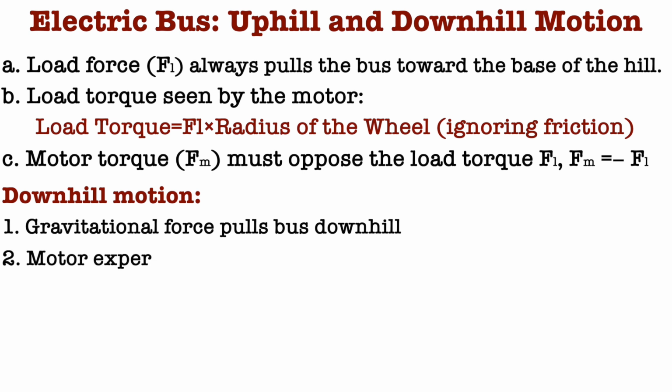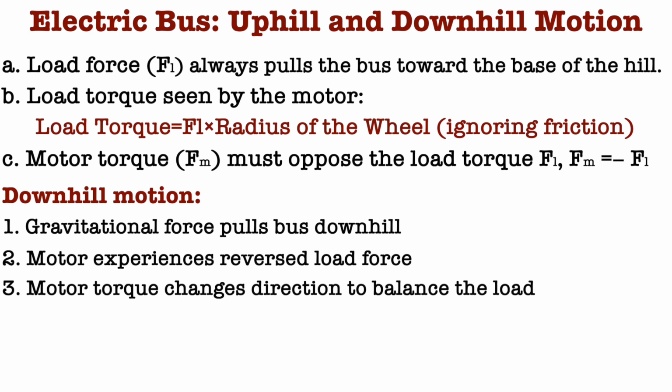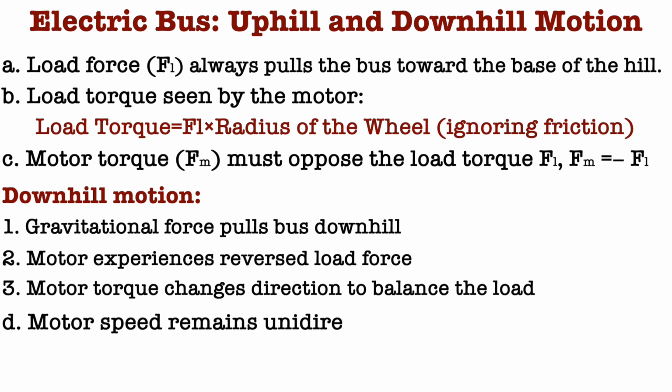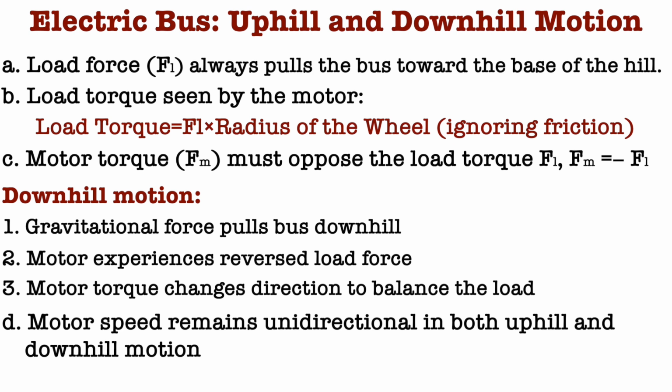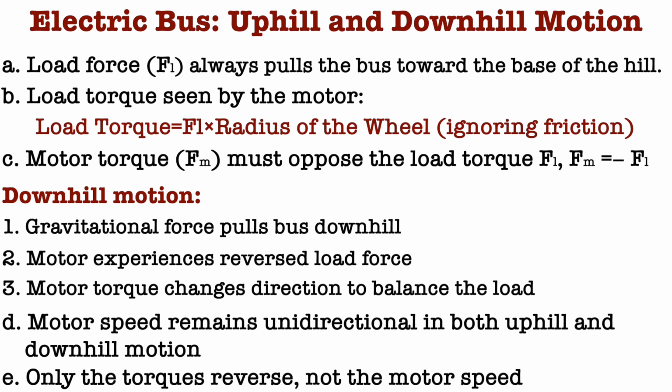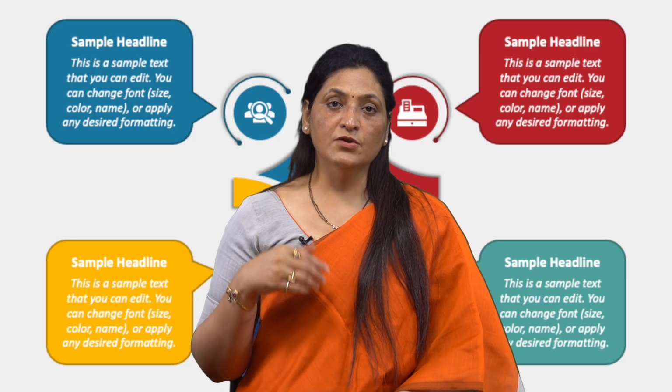However, as you can see, in this case the load force is reversed. That is, the motor torque must then change its direction to counterbalance the torque of the load. It is to be noted here that the motor speed is unidirectional in uphill and downhill motions. Only the torques of the system are reversed.